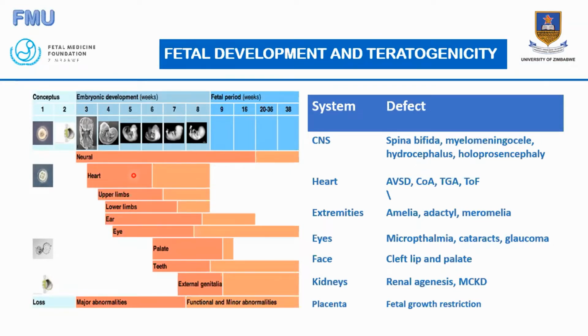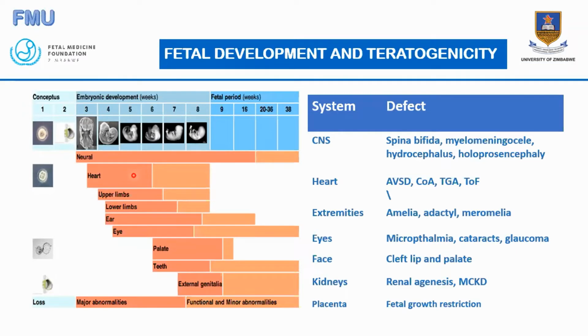Let's take for example, if the baby is exposed to some teratogenic substances, what period is the system more likely to be vulnerable?